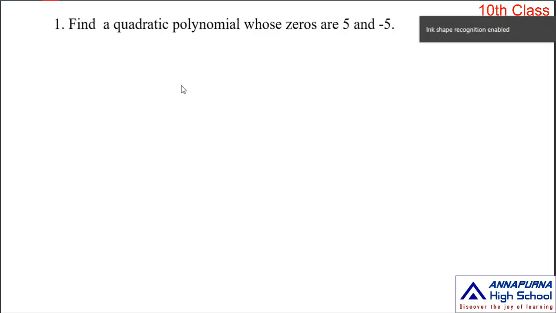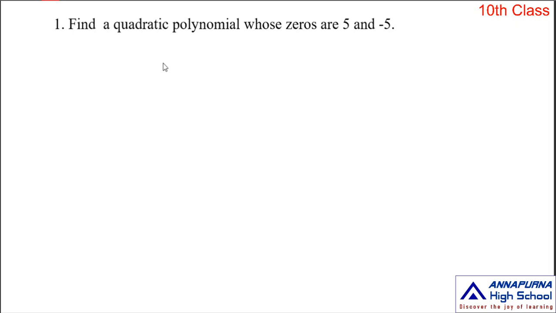Next, see this question. Find a quadratic polynomial whose zeros are 5 and minus 5. Do you observe any difference in this question and the previous question? There is a lot of difference in between them. So you read the question clearly. In the previous question, the given pair of numbers presents the sum and product of zeros of a quadratic polynomial.